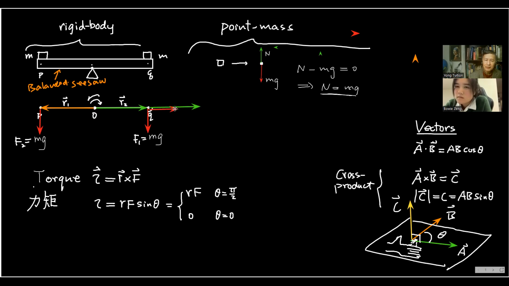Can you see this additional force here? So you just follow this idea. If the angle is 0, what conclusion can we draw? The torque is 0. In other words, if you put an additional force that is parallel, it will not change the balance.